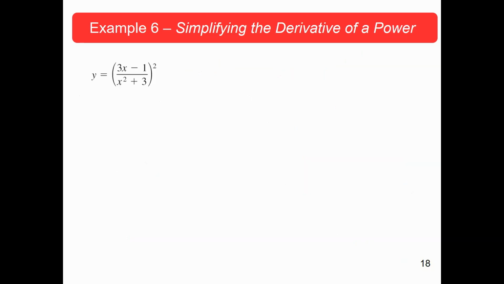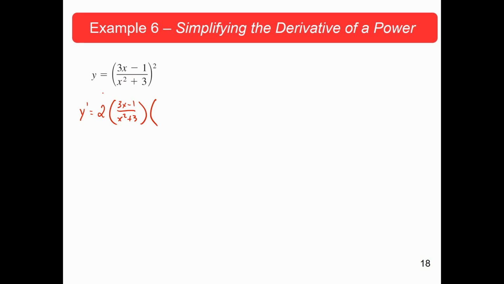Our last example here. Here we have a quotient inside of another function. So we've actually got the chain rule on the outside here, right? So we're going to do this as y prime equals, bring the 2 out front, leave the function alone, decrease by 1, then take the derivative of the inside function.